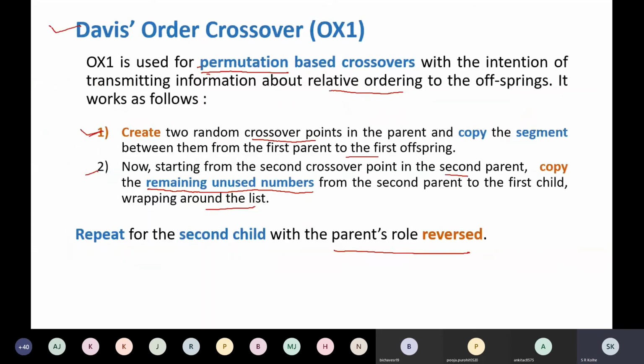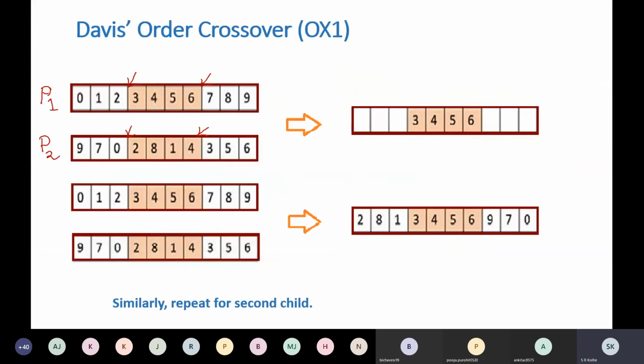Okay, go back. Create two random crossover points in the parent and copy the segment between them from the first parent to the first offspring. So what we have done, this is the first parent, we have copied this segment to the first offspring. Okay. Understood the first step?